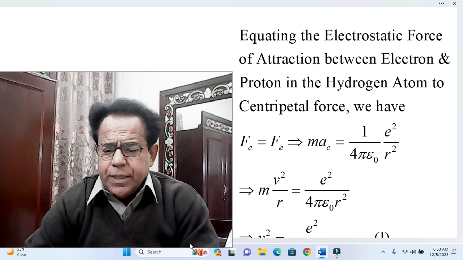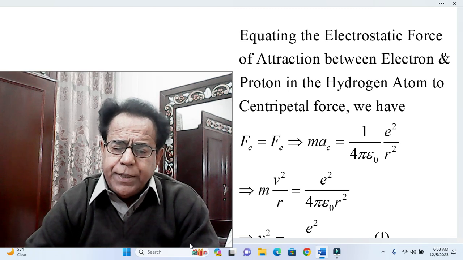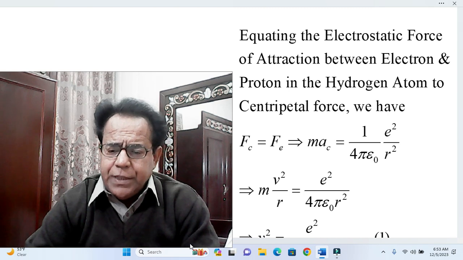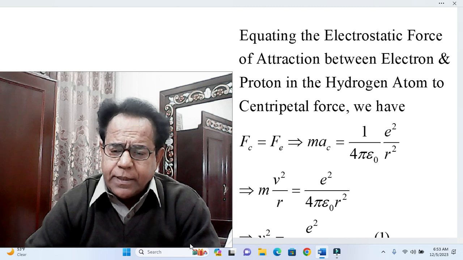In place of Fc we have used m a_c, while in place of Fe we have used 1 over 4 pi epsilon naught e squared over r squared.